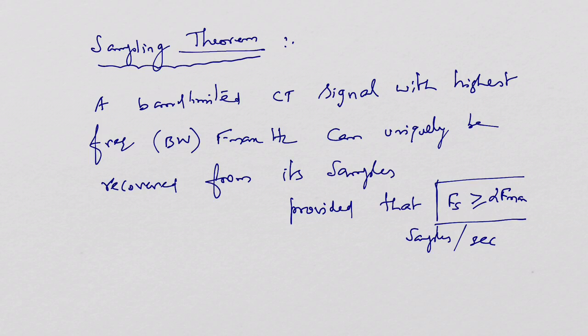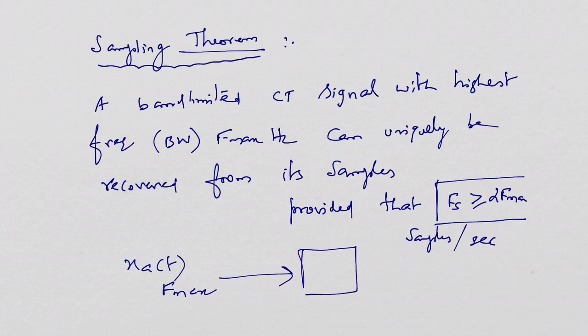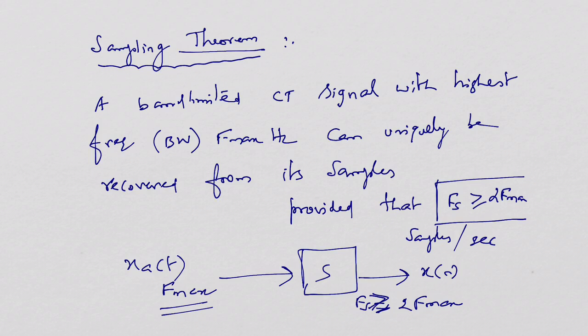Any arbitrary signal xa of t, whose maximum frequency is f max, if it is to be sampled using a sampler, then the sampling frequency must be, immediately look into the maximum frequency, any value Fs greater than or equal to 2 into f max will produce x of n, which will be the unique representation of x of t.